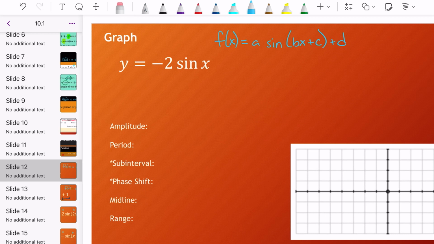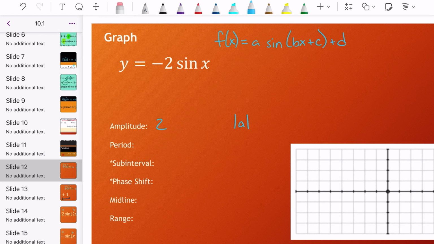Now, let's start off with our amplitude. The amplitude is always going to be your A. So in this case, amplitude is the absolute value of A, or in this case, it would be 2. Our next would be our period.